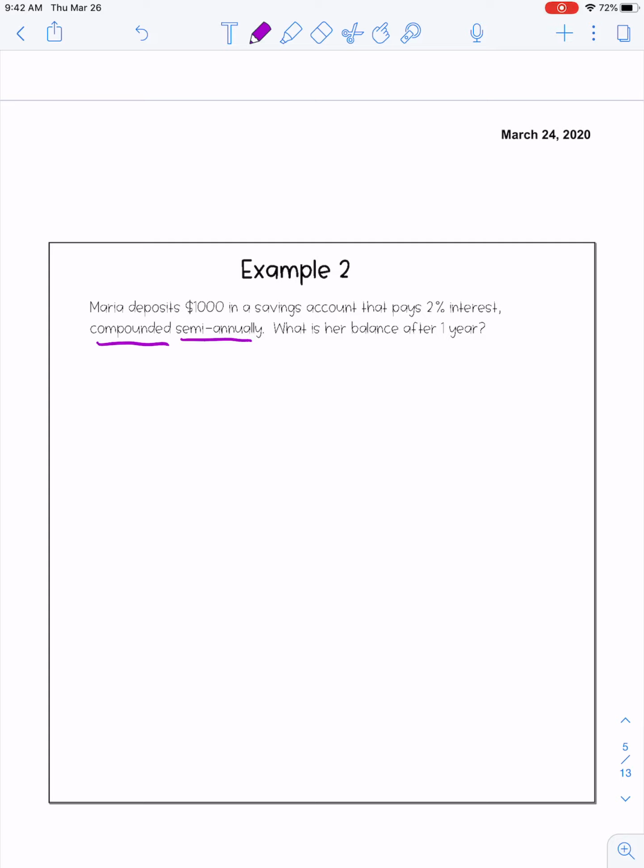So I equals PRT. My P is 1,000. My R is, again, 0.02. But now my T is half a year because it's semi-annually. That would be 0.5, the same thing as a half. My T is 0.5 because you have to put that in years.